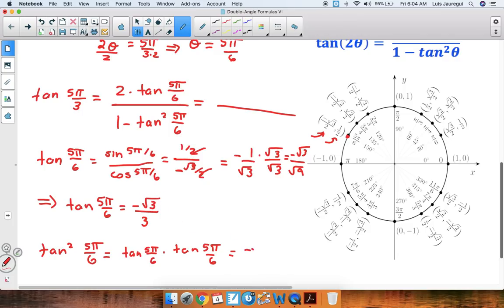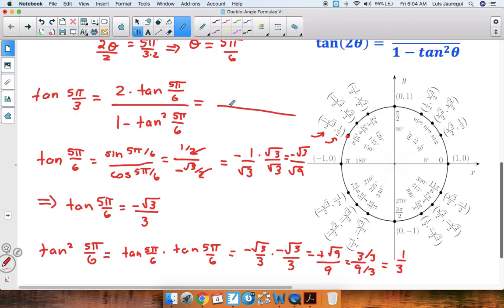So we have negative square root of 3 over 3 times negative square root of 3 over 3. Negative times a negative becomes a positive. Square root of 3 times square root of 3 becomes a square root of 9. And then 3 times 3 is 9. But the square root of 9 is 3, so we have positive 3 divided by 9. After we divide both numerator and denominator by 3, we get 1/3. So that's the value for tangent square.